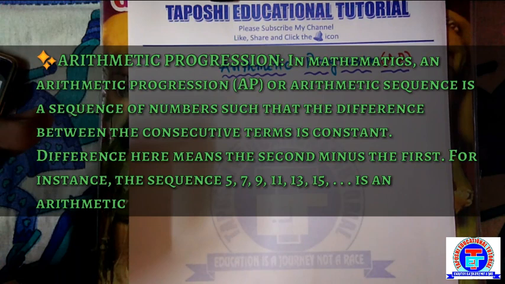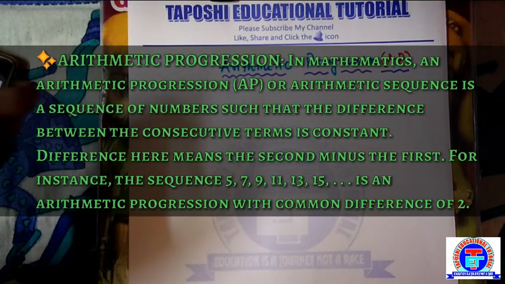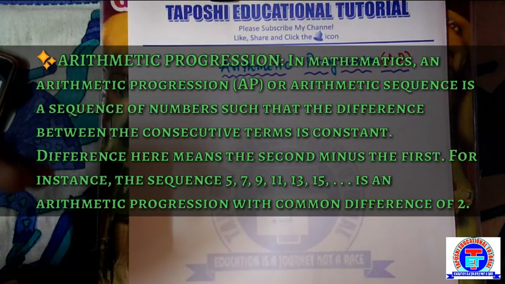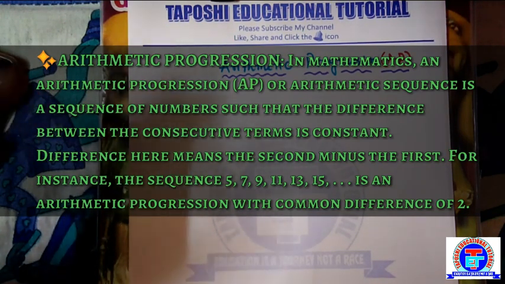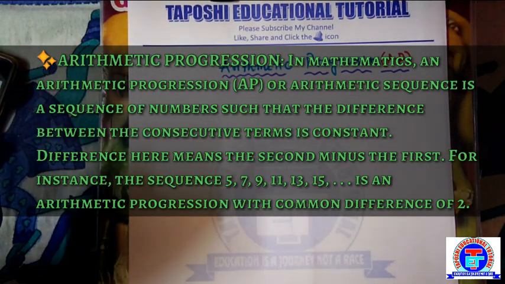Difference here means the second minus the first. For instance, the sequence 5, 7, 9, 11, 13, 15 is an arithmetic progression with common difference of 2.